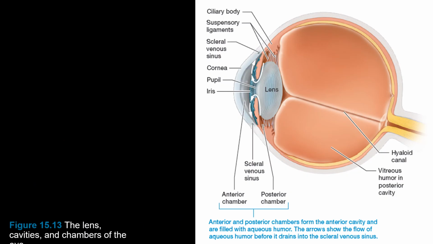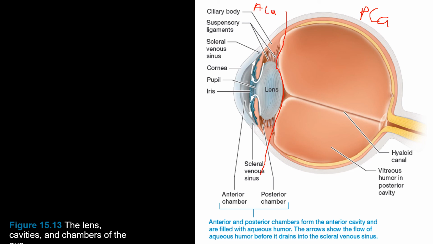And I'm sorry, this is the image here for this eye. So let's just say we divide the eye like this. And then this is the posterior cavity, and this is the anterior cavity.